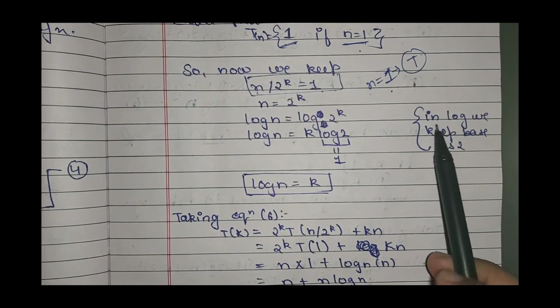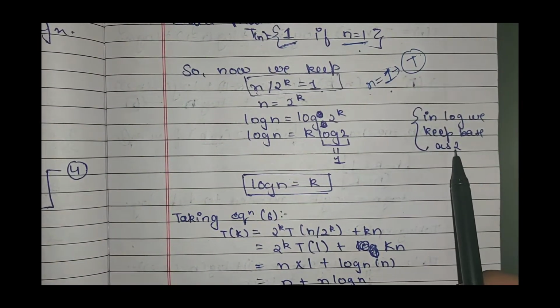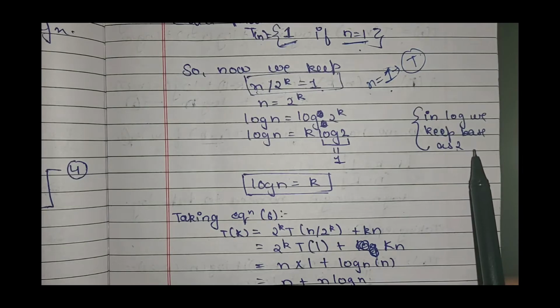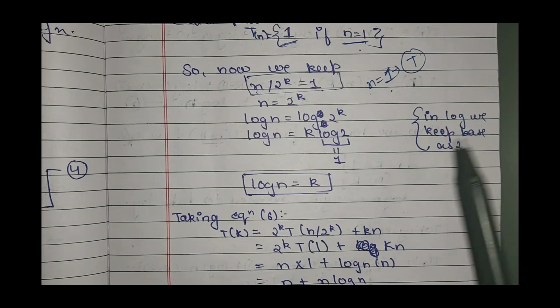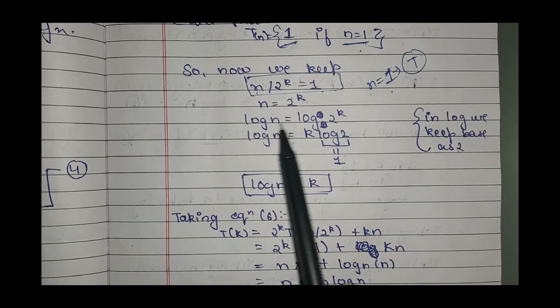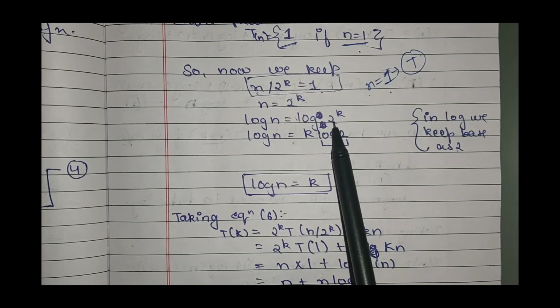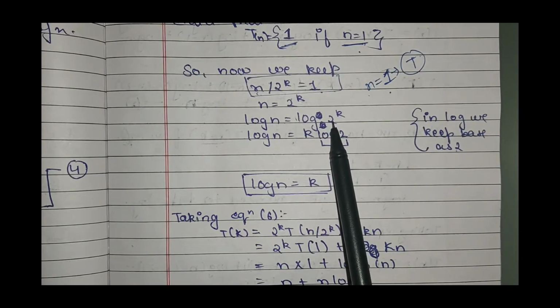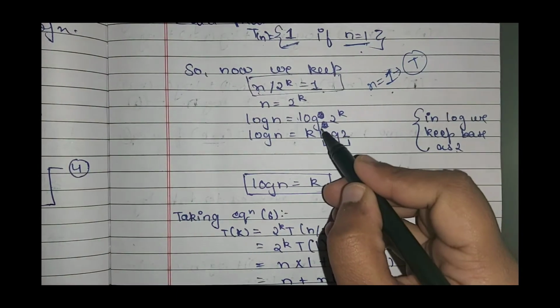I have written over here, in log we keep base as 2. It's a general form for solving the question that we keep base as 2. So log n is equal to log of 2^k, log base 2 which we are having already.